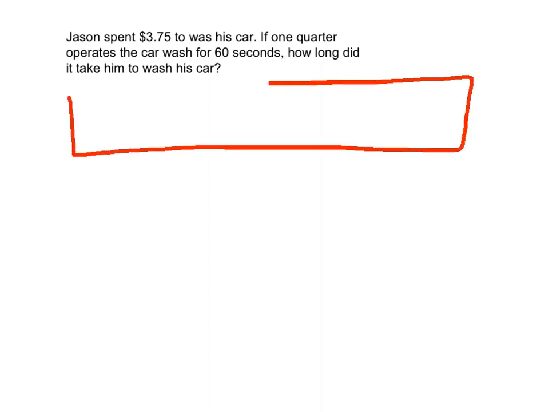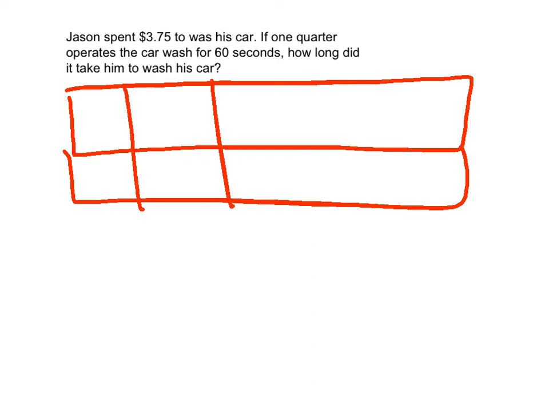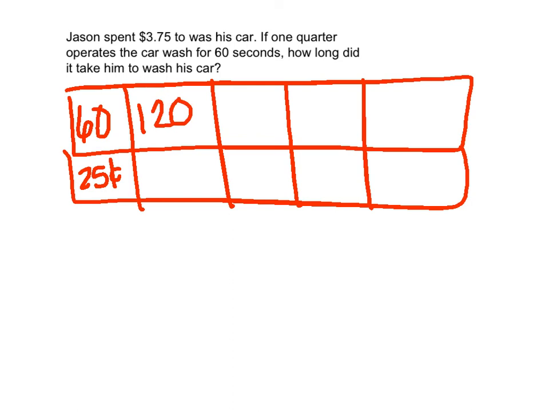So you could make a chart that showed something like this. If he did 60 seconds, he paid 25 cents. Now, at 120 seconds, another 60 seconds, how much has he paid? He's paid 50 cents. Another 60 seconds is up to 180 seconds, and he would have paid 75 cents.